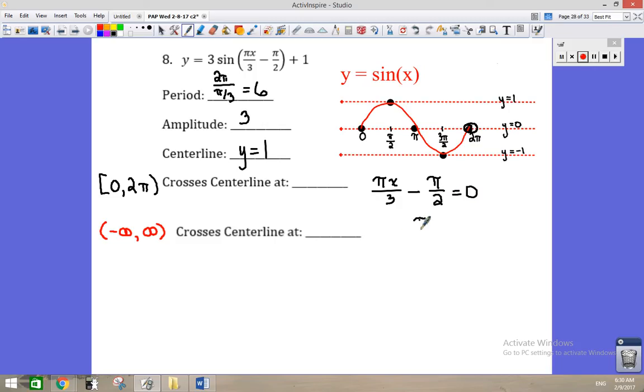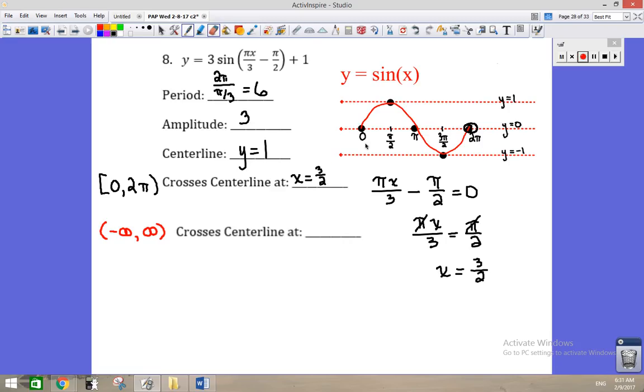So if we add that term pi over 2 to each side, you can see that the pi's cancel, multiply by 3, and we've got 3 halves. So x equals 3 halves.